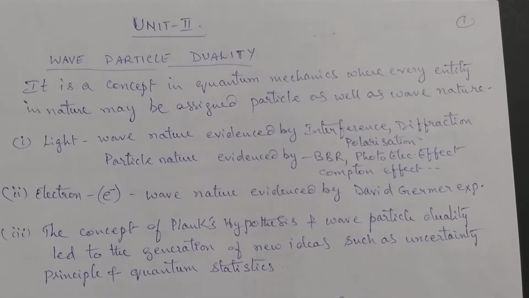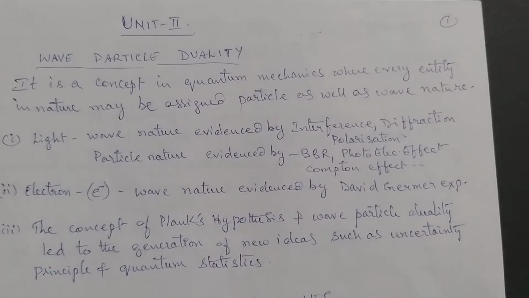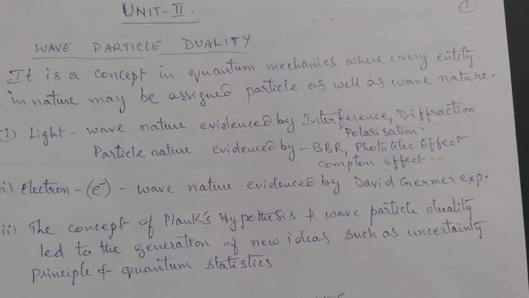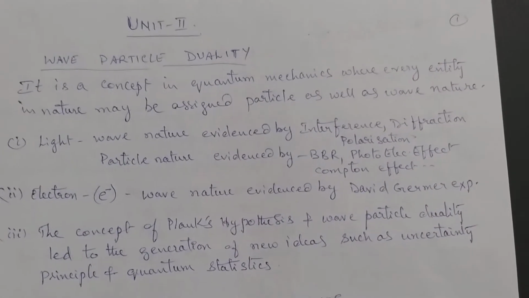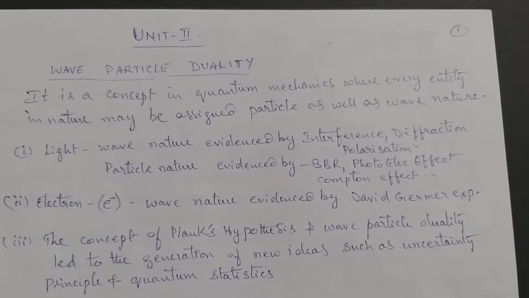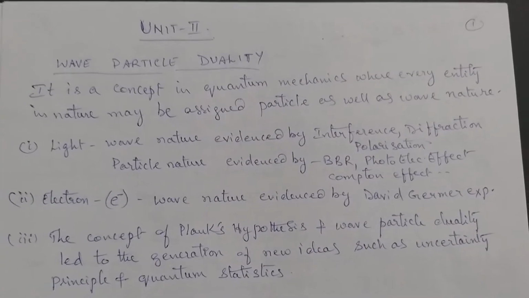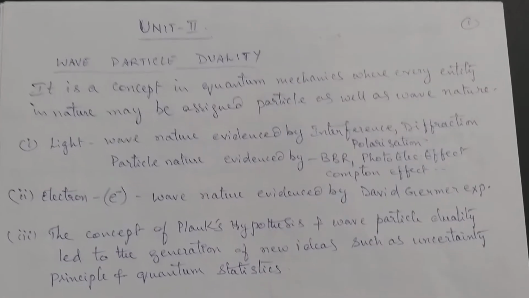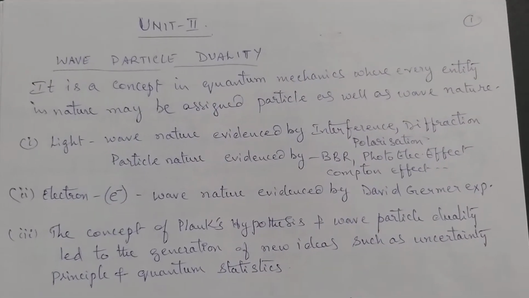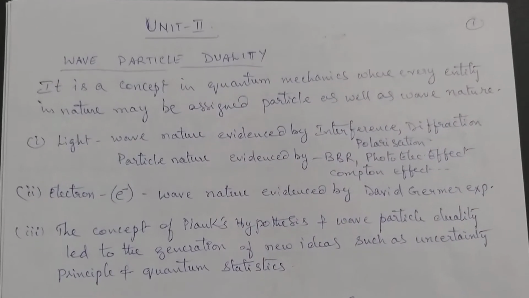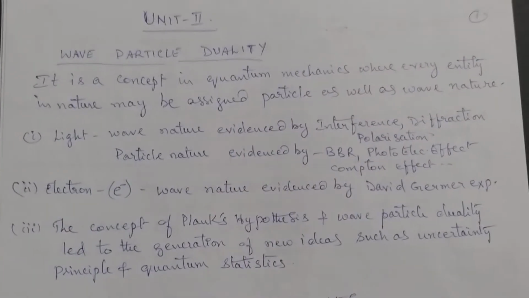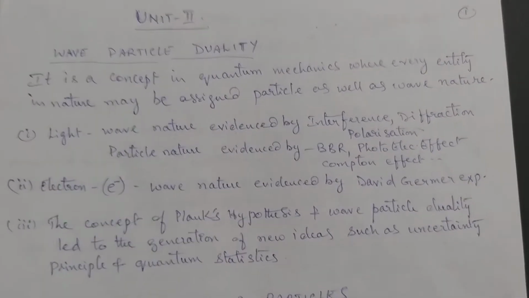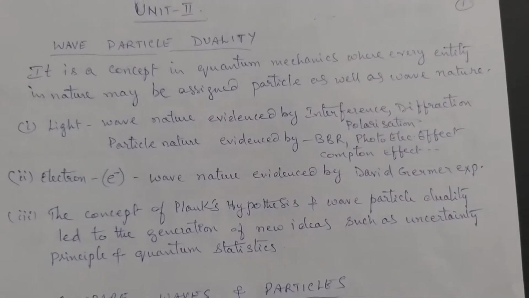Last classes we have seen in Unit 1, they have dealt with black body radiation, photoelectric effect, Compton effect, and the different atomic models, that is, Rutherford nuclear model, Bohr model, Sommerfeld model, how the experiments have supported them and the models have changed, covering each other's drawbacks.